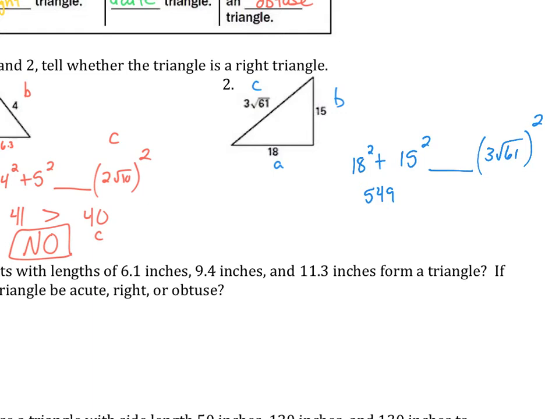And then we square that, which would be 549. So these are equal. So is this a right triangle? Yes. It's a right triangle because a squared plus b squared does equal c squared.